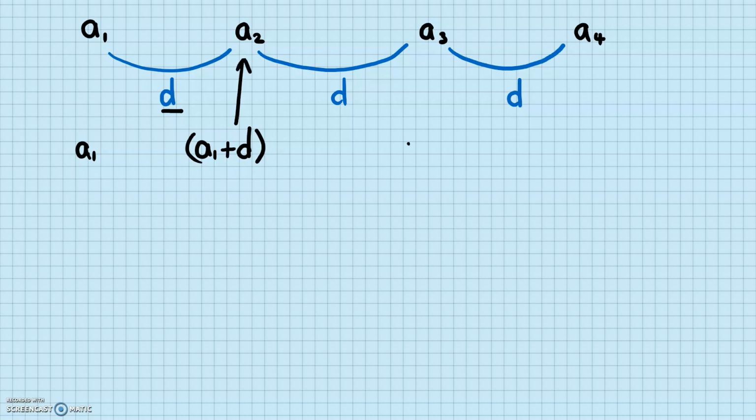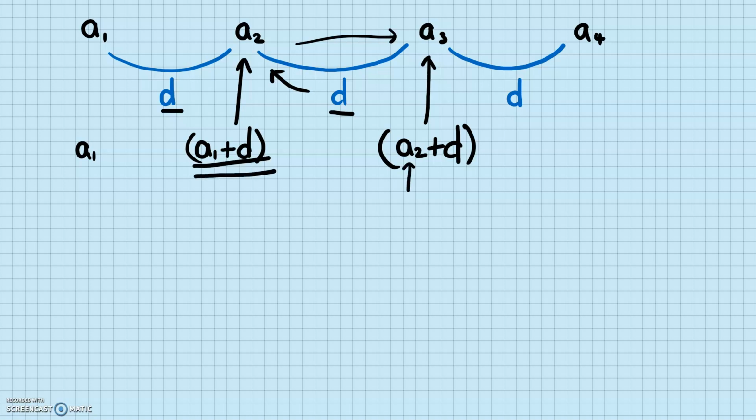A sub 3 is going to be a sub 2 plus D. We're just adding D to a sub 2 here to get a sub 3. And notice that a sub 2 is what we've defined here, a sub 1 plus D. So in fact, a sub 3 is a sub 1 plus D plus D, or a sub 1 plus 2D.